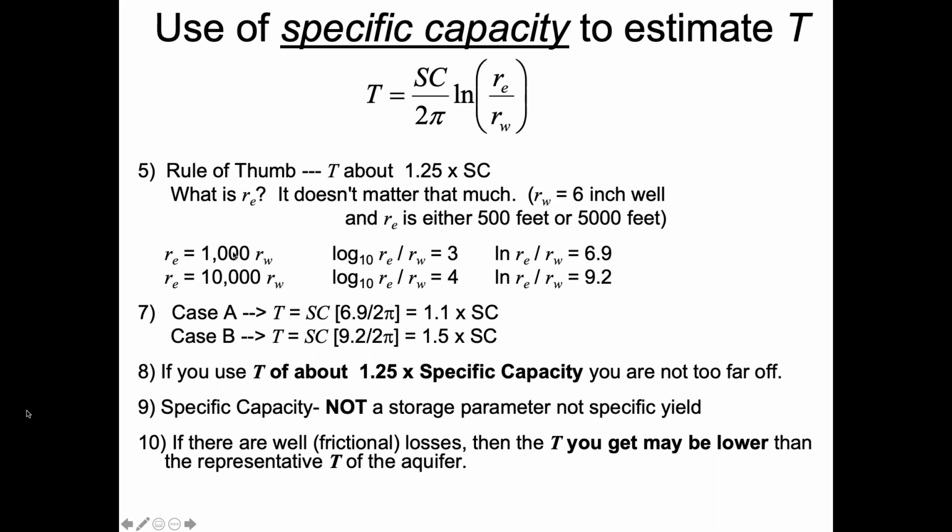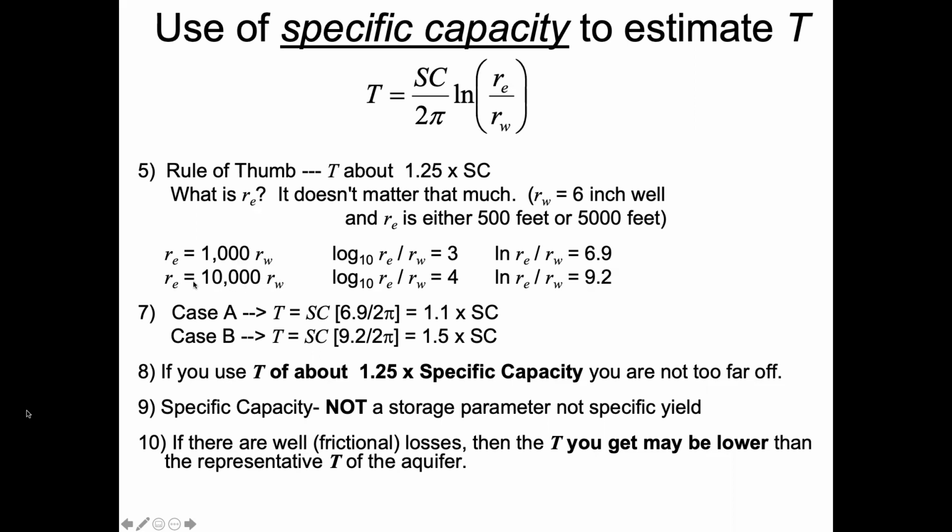we can essentially say that our effective radius is either, in the first instance, 1,000 times the distance of our well radius, or we can say it's 10,000 times the distance of our well radius.